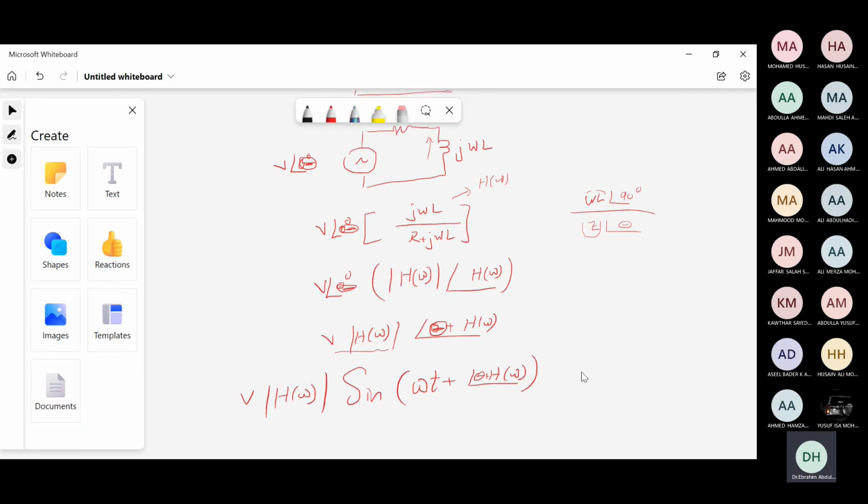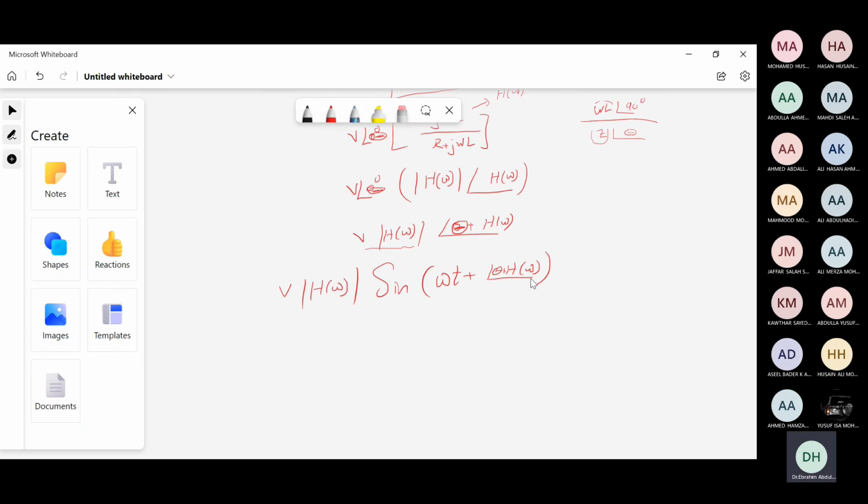So it means that the output is always like this. This is the form of the output if we have the input as a sinusoid. So it is equal to the input multiplied by the magnitude of H of omega, sine, same omega t, and the angle of the input plus the angle of H of omega.